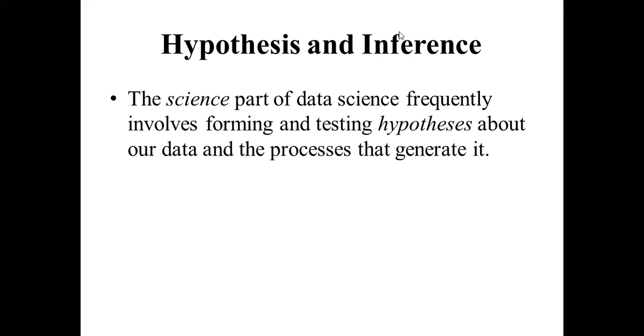And inference means some kind of conclusion that is based on reasoning, the previous values or evidence. If we make a conclusion on this basis, that is called inference. So this is my guess, and this is my conclusion based on previous values. The science part of data science frequently involves forming and testing hypotheses about our data and the processes that generate it.